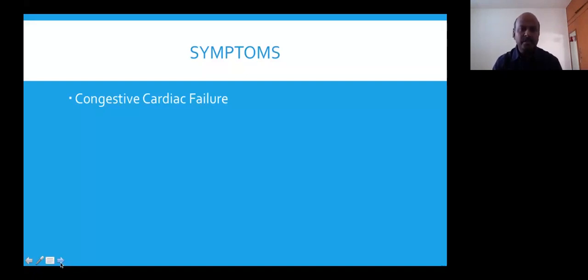And if the duct is significant, then you have a large magnitude shunt with a big left to right shunt and its implications like pulmonary congestion and consequently decreased compliance of the pulmonary tissue, alveolar tissue, with the result that the baby continues to have tachypnea and feeding difficulties and failure to thrive, and that would be an indication for going and closing the ductus arteriosus.